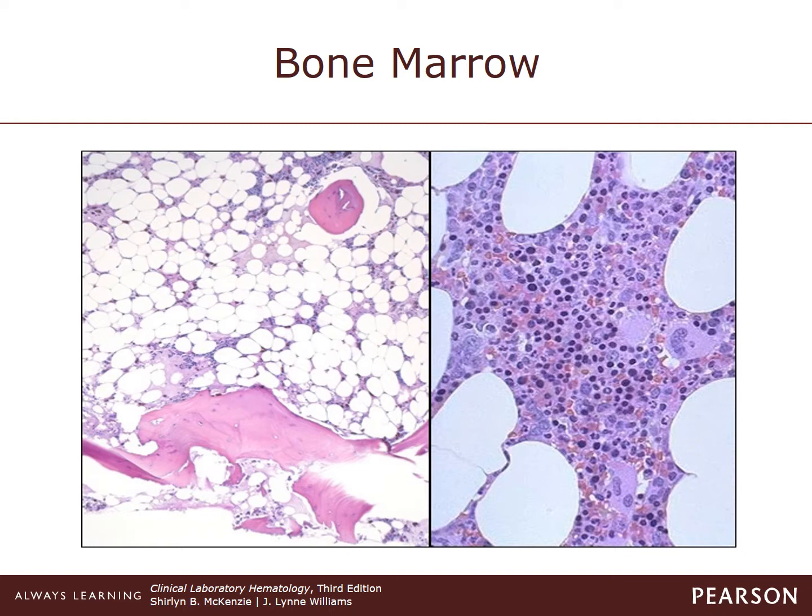If there's only a unipotent erythroid progenitor problem, only the red cell line is affected. The white cells and platelets are normal, and this is called a pure red cell aplasia. Now, if you have a multilineage defect that includes the white cell, platelet, and red cell, all three will be decreased, and the term is pancytopenia, leading to an aplastic anemia.